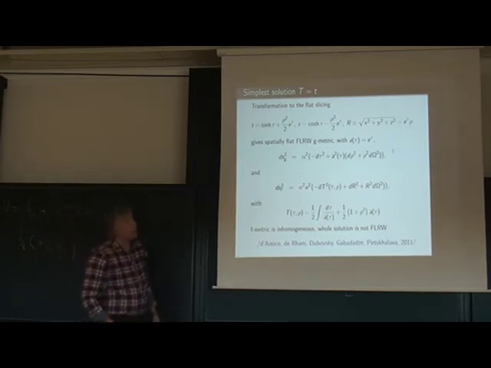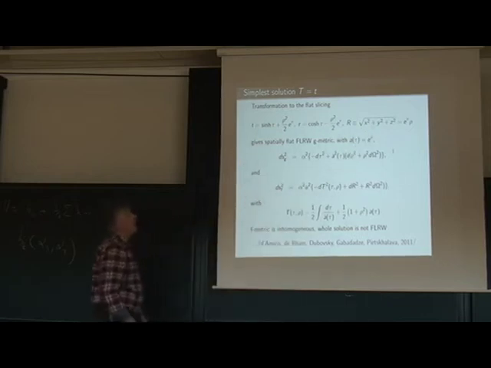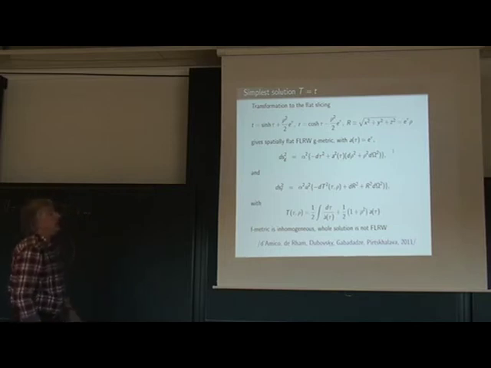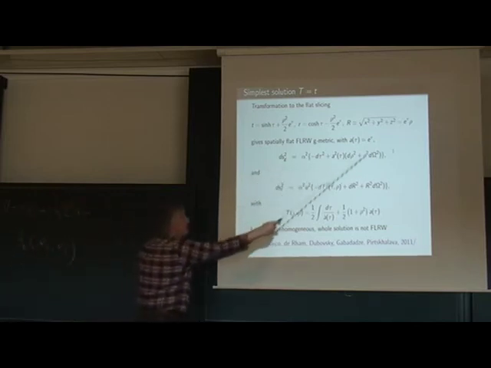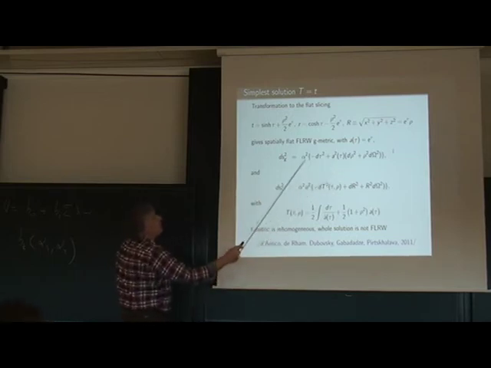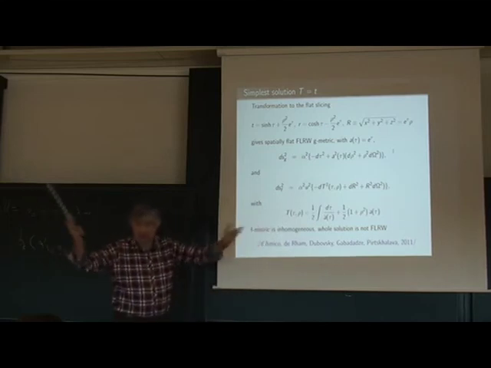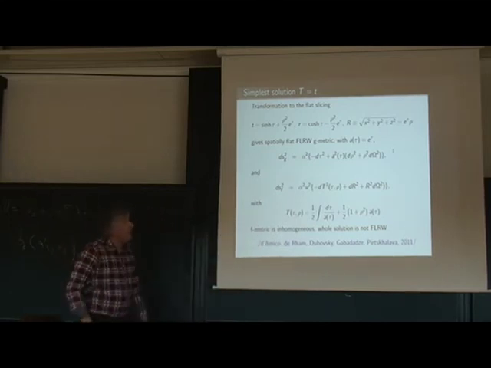For flat slicing, the relation between the embedding coordinates and the flat coordinates is given by the following expressions. And then the metric becomes the standard Friedmann-Robertson-Walker metric with flat spatial sections, where the scale factor is exponential, so it's really inflation, you know.